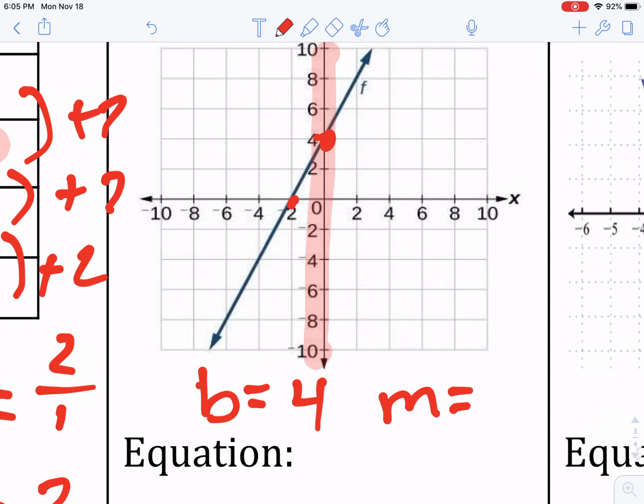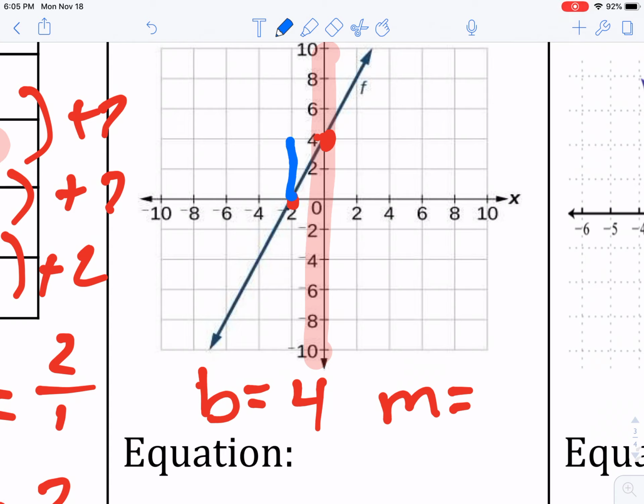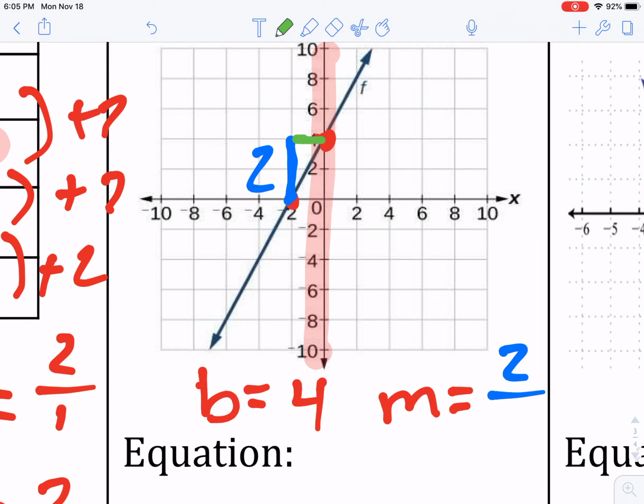Now, I can see that there's a point right here really close to the y-intercept, so I'm going to use that to demonstrate how to find the slope. And so the first thing I want to do is find the rise. It goes up 2. So 2 is going to be the top number for our slope. And then we look at the run value. It is 1. And so 1 is going to be the bottom number for our slope.